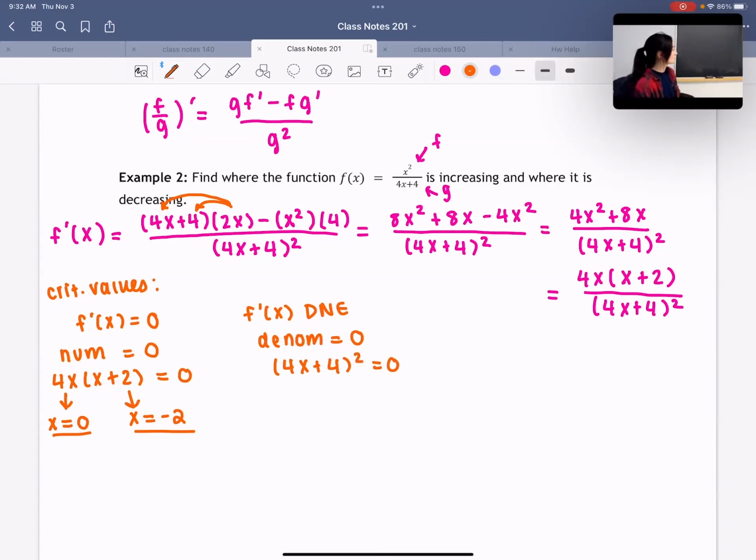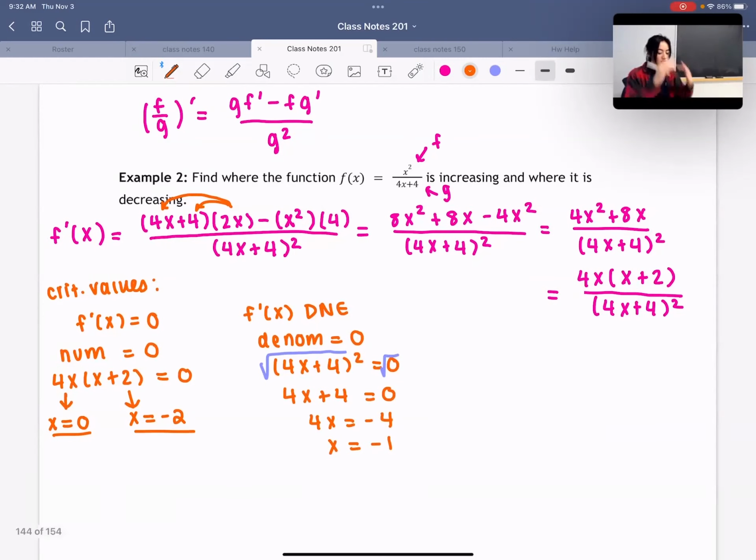When we have a squared, how do we undo that? Square root, good. So I'm just going to take the square root of both sides. Now I'm not going to bother with the plus or minus because I'm taking the square root of 0. Doesn't matter there. So I'm left with 4x plus 4 equals 0. Okay, solving, subtract 4 on both sides, get 4x equals negative 4. So x equals negative 1.